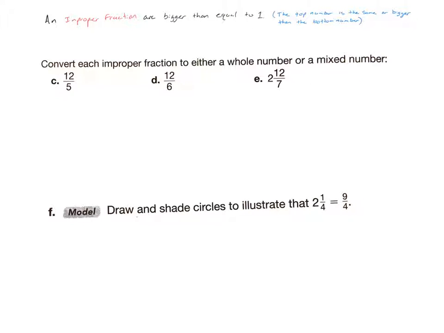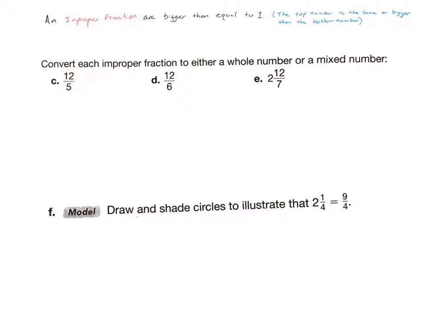Alright, improper fractions are bigger than or equal to 1. Or another way of saying that is that the top number is bigger than the bottom number. So what we're doing now is we're asked to convert each improper fraction. Notice each of these are improper because the top number is bigger than or equal to the bottom number. We convert them to either a whole number or a mixed number.